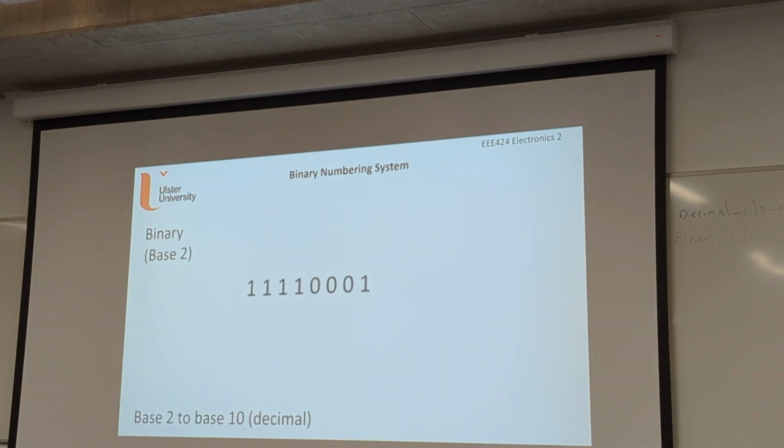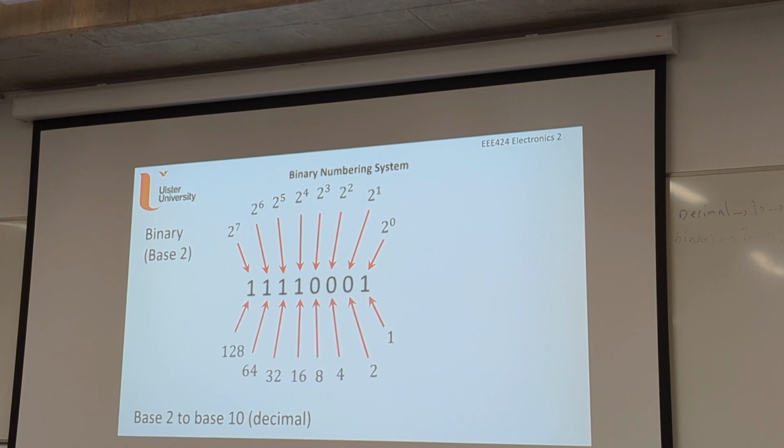So, another one. 241. Because you see the answer. That's okay. So you see here, in another way I do that. 1, 2, 4, 8, 16, 32, 64, 128.